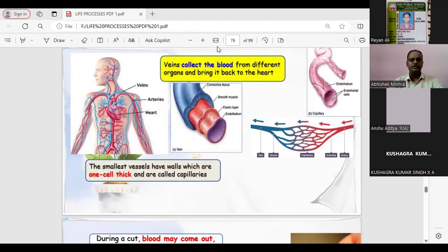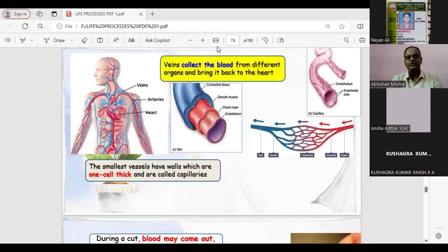Yes, Sumit has a question. Does the pulmonary vein follow the characteristic of an artery? The pulmonary vein carries oxygenated blood. Okay, the pulmonary vein carries oxygenated blood, but we will not say that this is an artery, because this is the exceptional vein of the body.